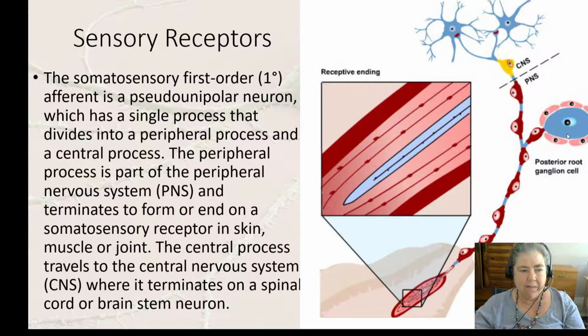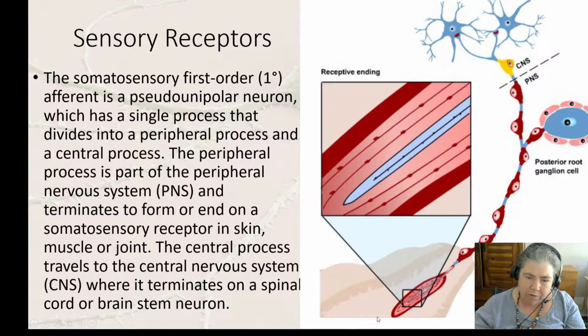So this is the peripheral process. This is the central process. This is the cell body. The peripheral process is entirely in the peripheral nervous system.